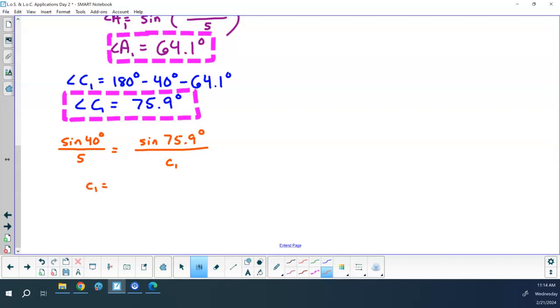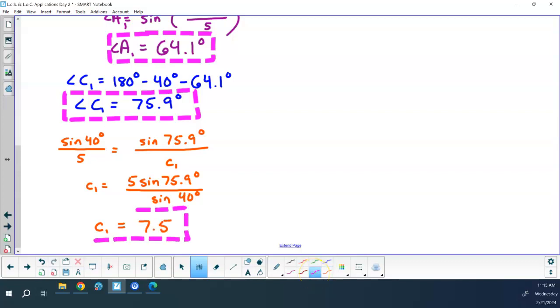Side C sub 1 then is going to be 5 sine of 75.9 degrees divided by the sine of 40 degrees. Side C sub 1, 7.5-ish.